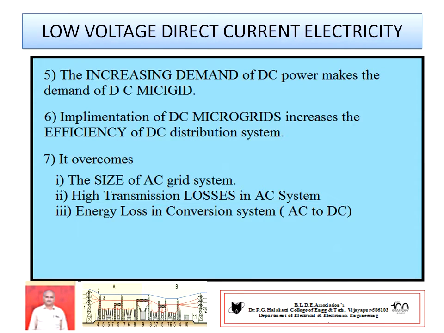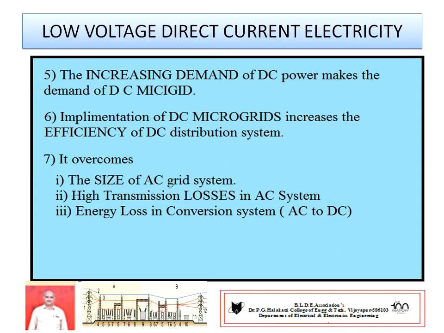Hence, the increase in the distribution of DC supply creates the need for a DC grid, a DC microgrid, because it reduces the losses faced by consumer appliances. The implementation of DC microgrids increases the efficiency of the DC distribution line. There is no doubt that in the conversion of AC to DC, the converters possess some amount of losses.